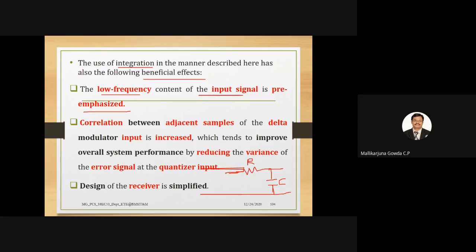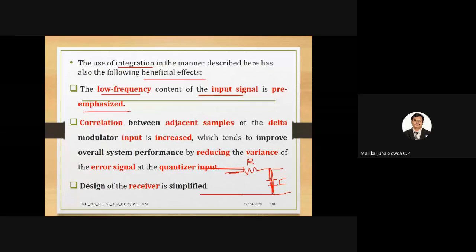High frequency will be eliminated, because as the frequency increases, the reactance of the capacitance decreases. X is equal to 1 by 2 pi f c. As f increases, the reactance reduces, so it acts as a short circuit. So high frequencies will be nullified, connected to the ground. In that sense, I say it is a low pass filter.